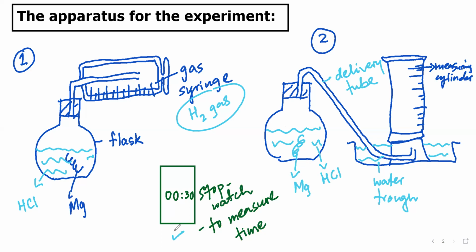How will we take the readings here with the measuring cylinder? Water will be going down. It will be displaced as gas moves up. Gas will be coming from here, right? And similarly with the gas syringe, the plunger will be moving out. So you will be able to note down the volume of gas on the gas syringe. So either method can be used to measure the rate of reaction.